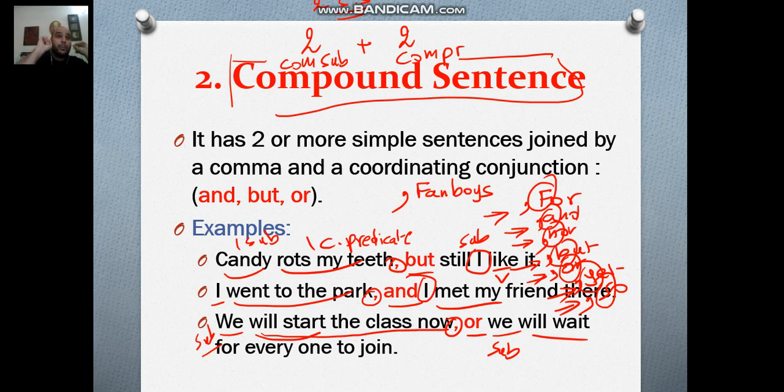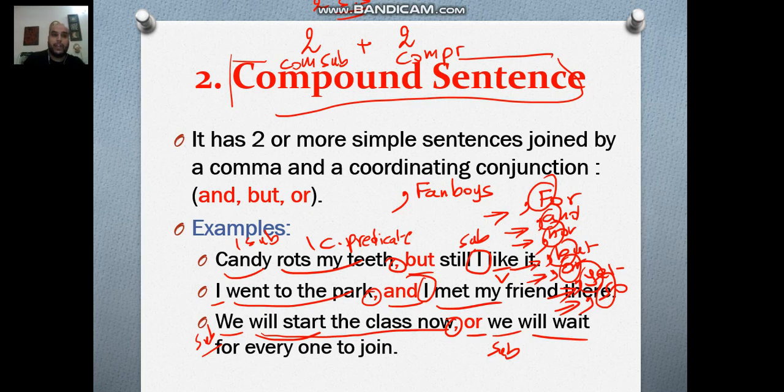Number 2, for example: I went to the park, comma, and I met my friend there. I have to have two subjects, even though it's the same subject, but I do have two subjects. The first one: I went. So I is the subject, went is the verb, to the park is part of the complete predicate. Comma, and one of the FANBOYS. I met my friend there.